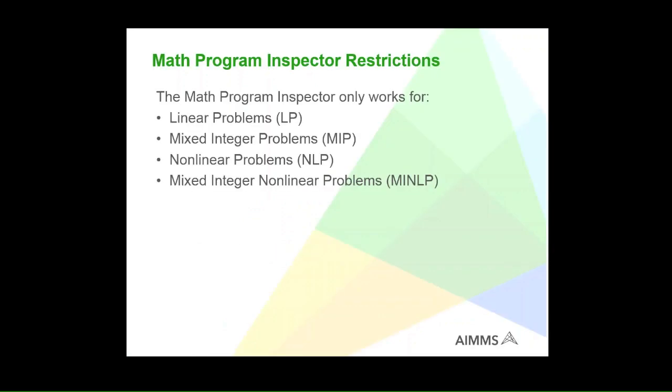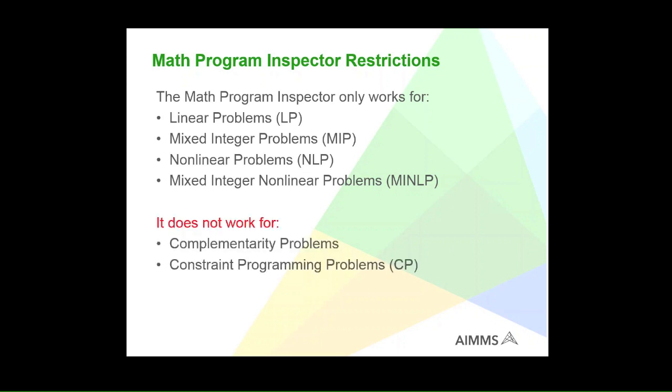So the first thing is the Met Program Inspector views. But before I start that, a little bit about the Met Program. As I mentioned, it's a graphical tool to analyze optimization models. It only works for linear models, mixed integer, nonlinear, mixed integer nonlinear. It doesn't work for the complementarity problems and the constraint programming problems.